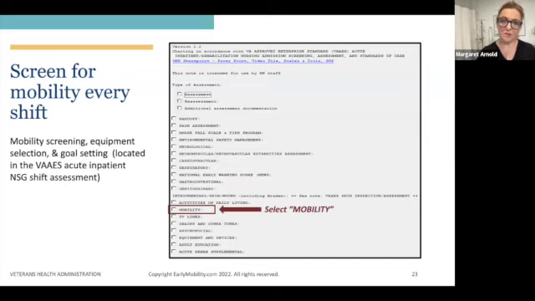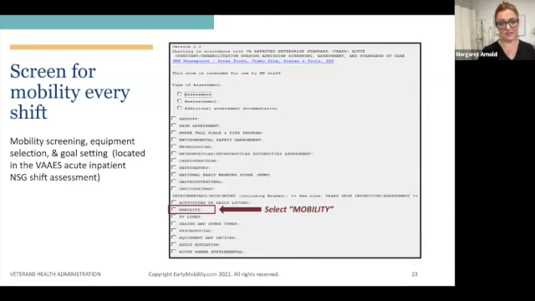And there's also mobility language on the frequent documentation note of the VA AES. Many facilities are also looking at how to build mobility screen language into the Pisces notes, the ICA notes, the Caribou notes, and all documentation areas throughout all care settings.